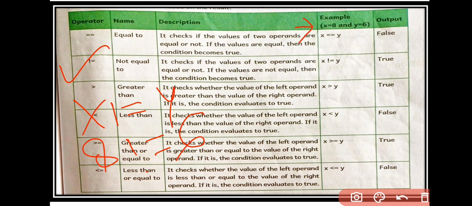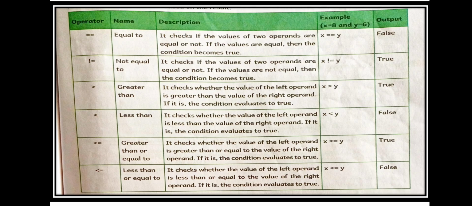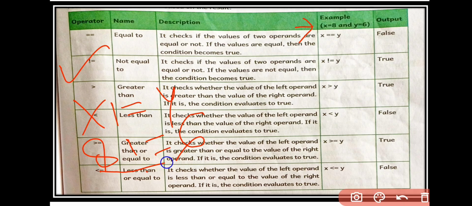It checks whether the two operands are equal or not. If the values are not equal, then our condition becomes true. Here the value is not equal, that's why the answer is true.